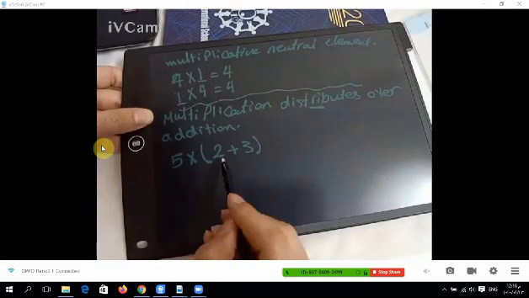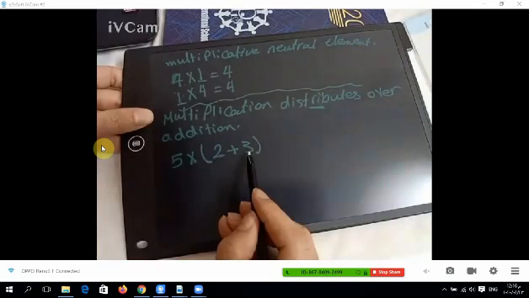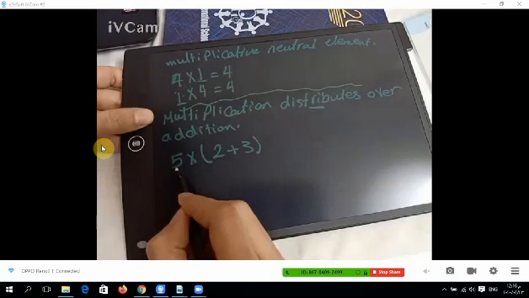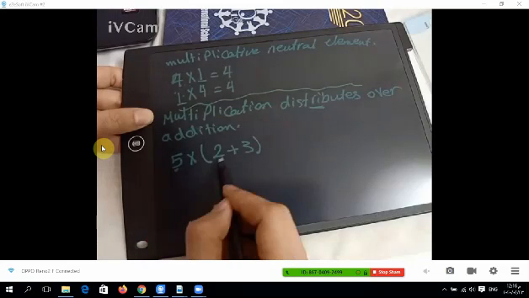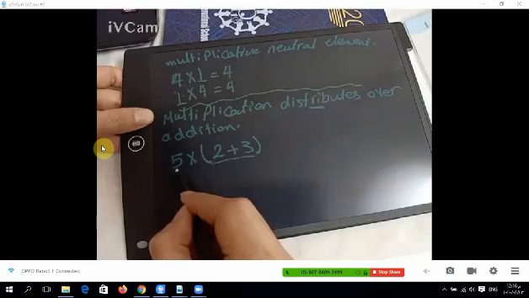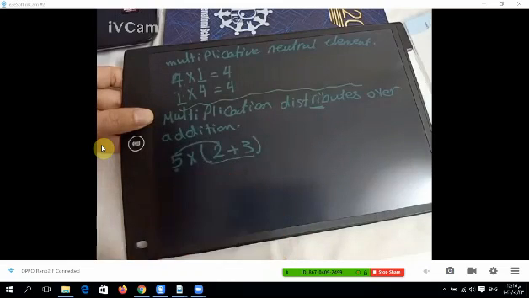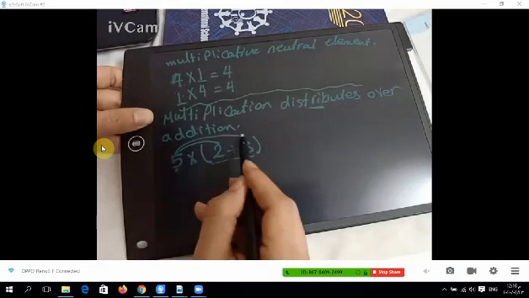Of course I will not make 2 plus 3 equals 5 then multiply 5. No, I don't need this. I need to distribute. So the 5 is multiplied by all this bracket, so I will distribute the 5 over all this bracket. How? 5 times 2, then 5 times 3.